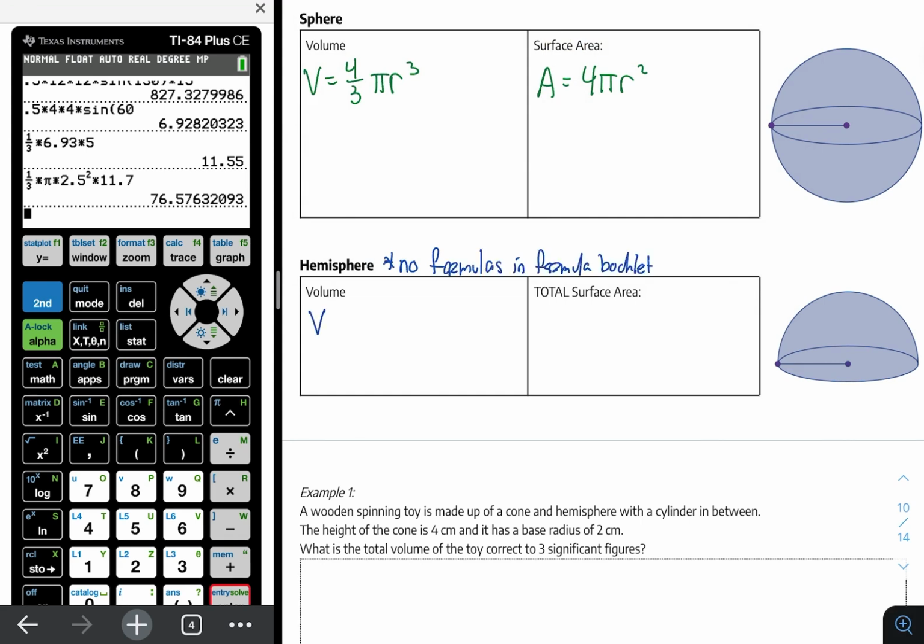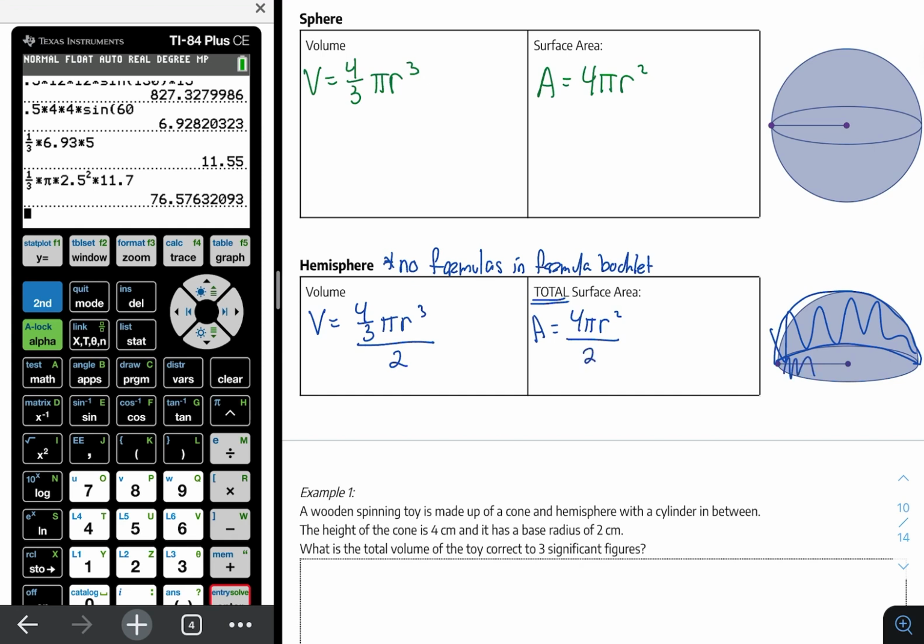Then the volume of a hemisphere is going to be half the volume of a sphere. So we can leave it like that. However, when we talk about the total surface area of a hemisphere, we have now two parts created. The first part is the curved area, which is half of the surface area of a sphere.